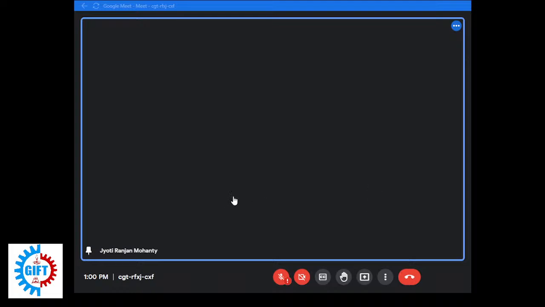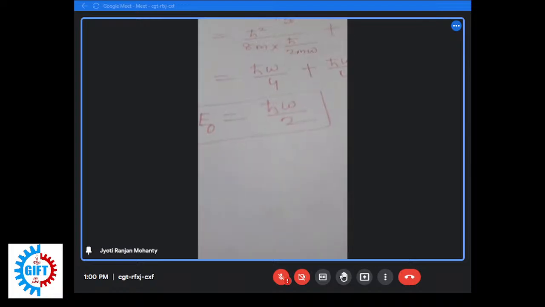But classical physics said that it is 0.